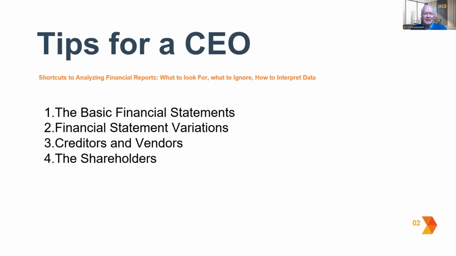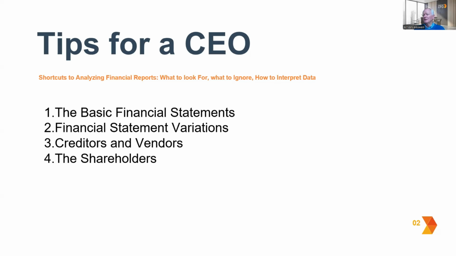I will also then have a brief discussion on financial statement variations because financial statements can be customized, and different businesses have different ways of looking at their financial statements. I'll then have a brief presentation on what creditors and vendors are looking for, and also, if you are a shareholder, what you as a shareholder would be looking for.